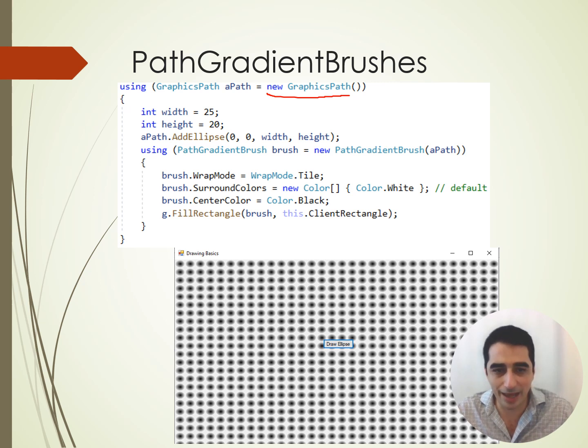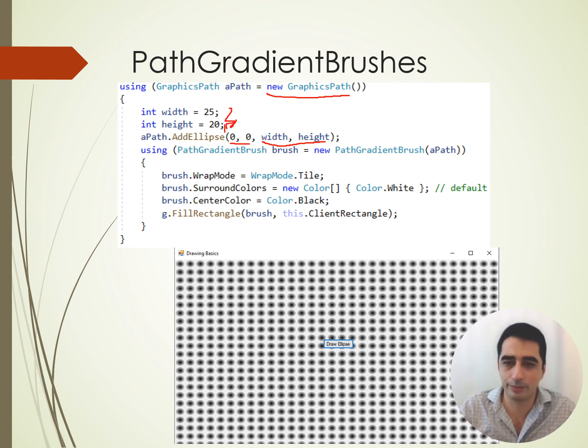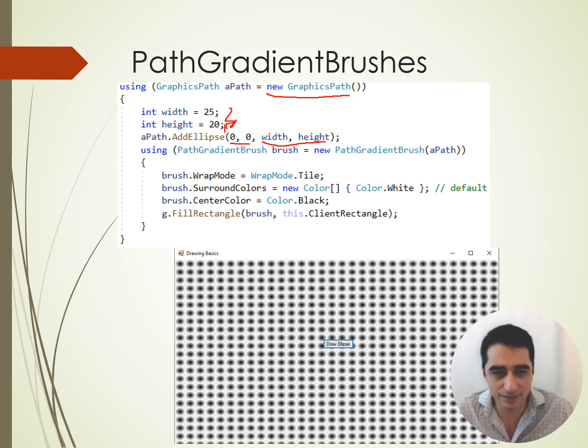And I have added an ellipse with location 0, 0 and dimensions 25 pixels by 20 pixels, the width and height. And then this is my single tile, and I have said let's use a path gradient brush. I passed this object of graphics path to it as the only parameter of its constructor.